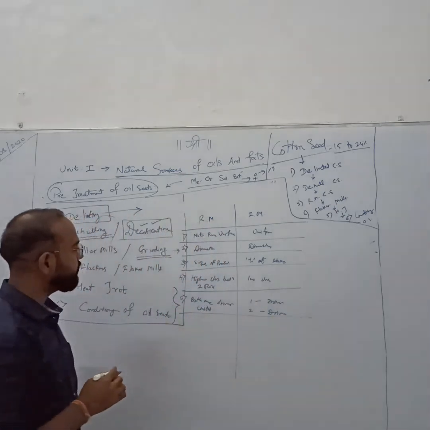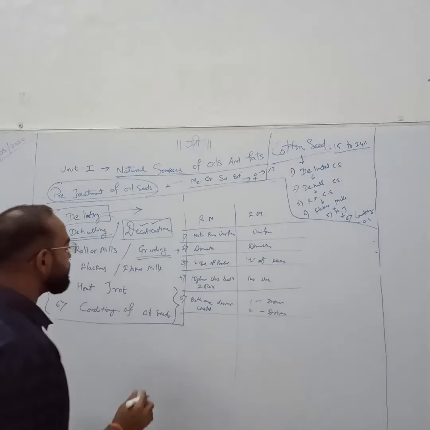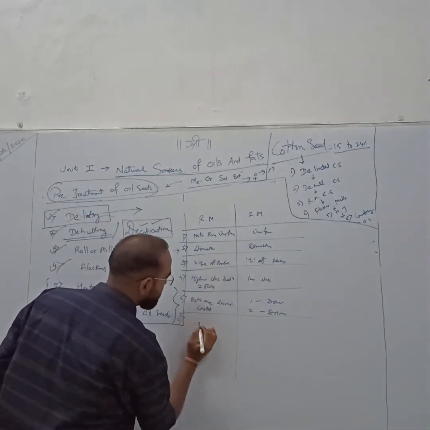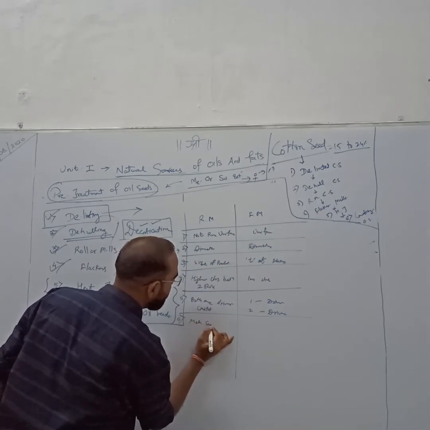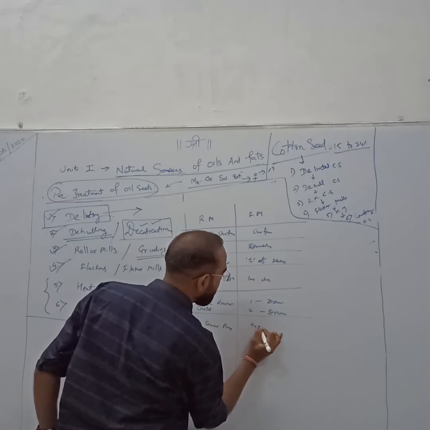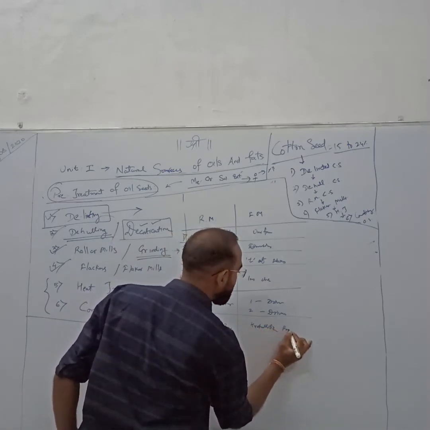I think it's more than enough. Let's have a look. Last difference is there. Roller mill is a mechanical screw pressure created mill, and in flaker mill, hydraulic pressure is created.